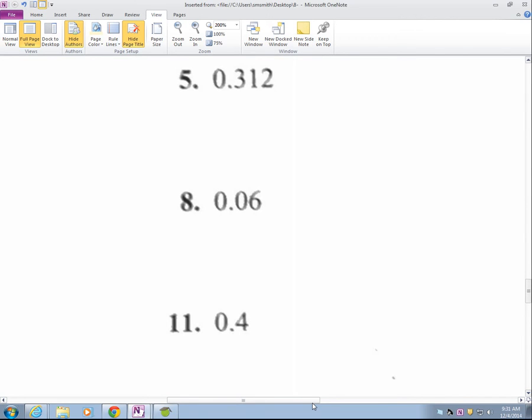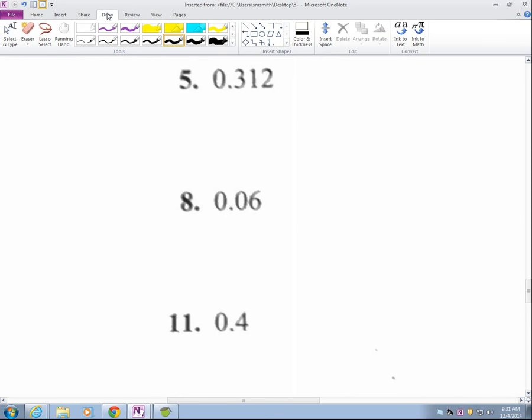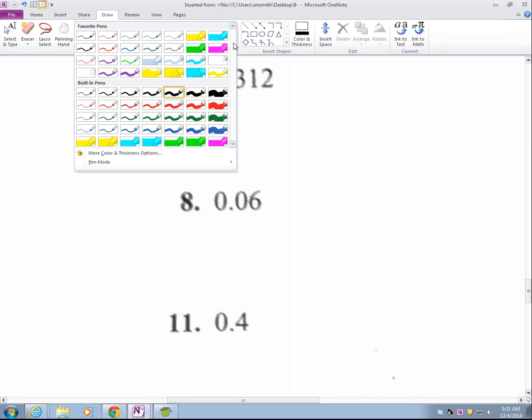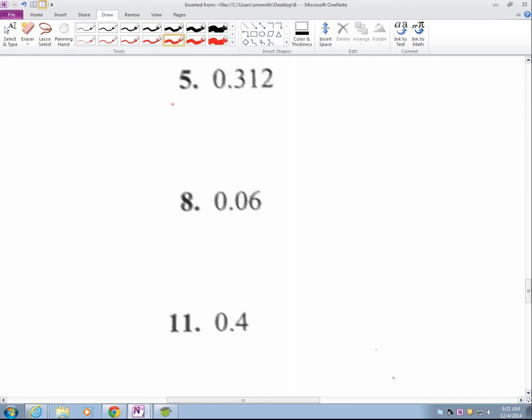Since we are making a decimal into a percent, I'm going to move to the right 2. So it's going to go 1. Let's get a different color. Red. So we're going to go 1, 2. So it's going to be 31.2%, and that's my answer.